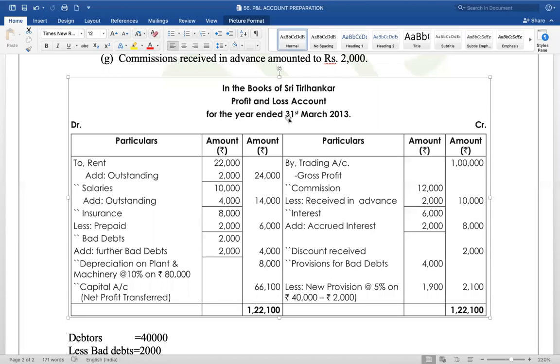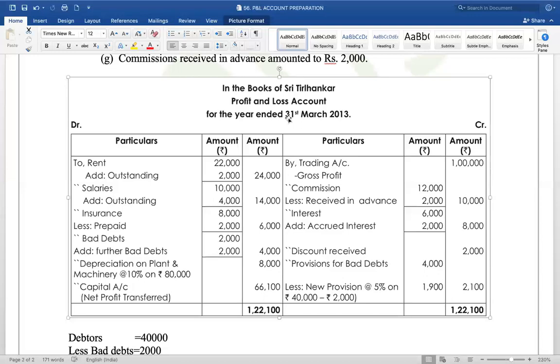Especially the balance sheet and the profit and loss account, a heading is important. Now, what do you write in the heading? In the books of the person, the trader, the company, in the books of XYZ Limited, in the books of Ravi Limited, let's say Joel Limited.